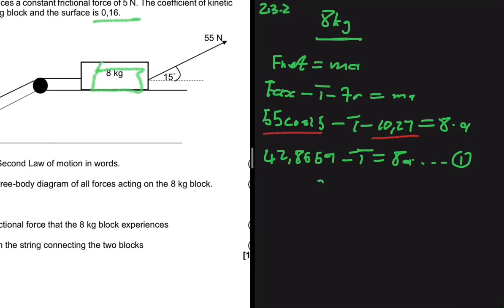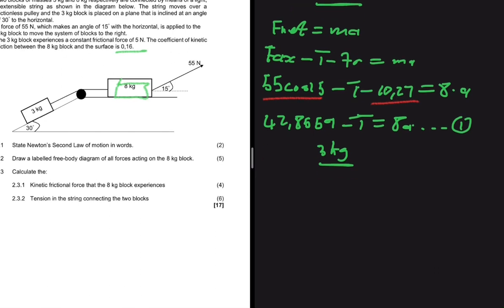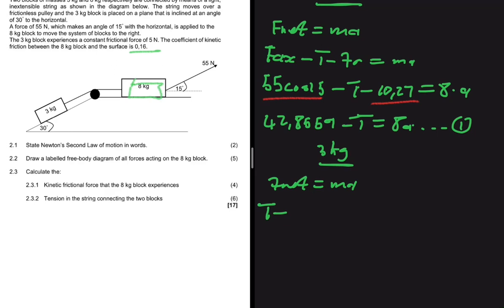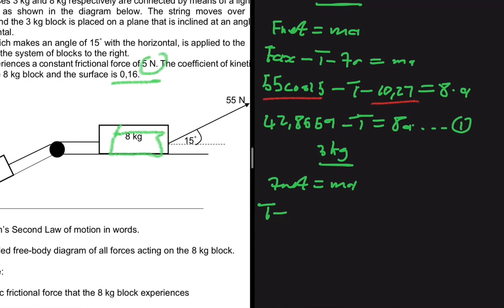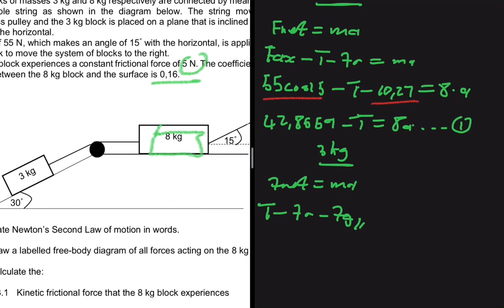So now I can move my tension to the 3 kg block. On the 3 kg block, F net should still be equal to MA. But now the biggest force pulling the 3 kg block is the tension, and then what is opposing? Let's check if we have friction there. Yes, we have friction given to us as 5 newtons. So we're going to have minus FR and then minus FG parallel. This is on an inclined surface, so gravity is doing some work there. This will be equal to MA.